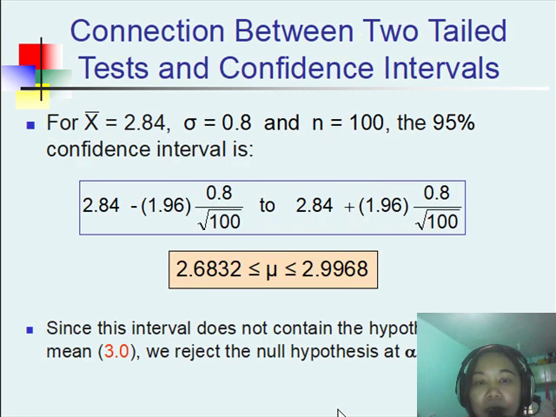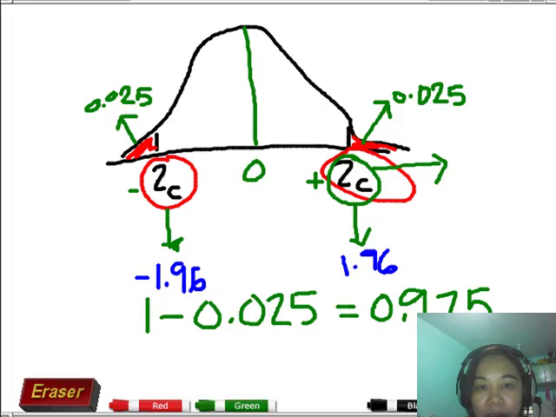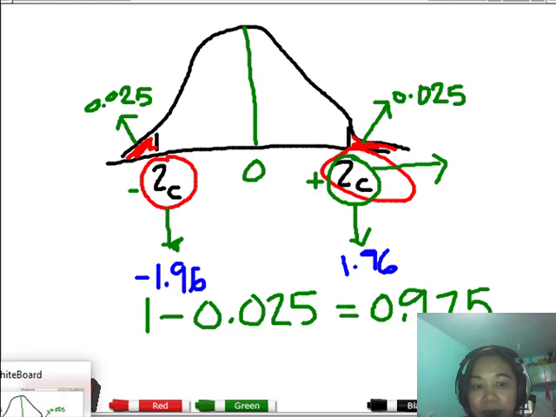Okay? We can also use the confidence intervals. How do we determine? Take note that this one is your confidence interval. If your value falls within the confidence interval, the non-rejection region, then we fail to reject the null.